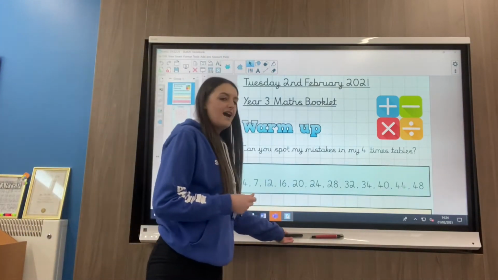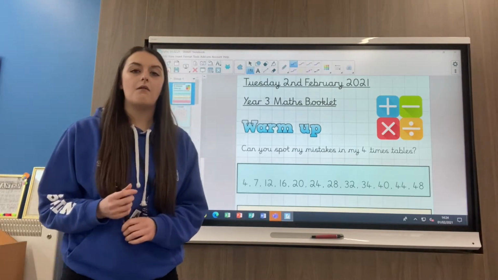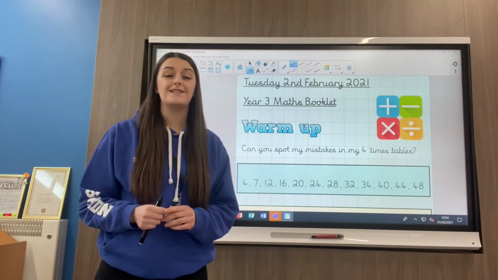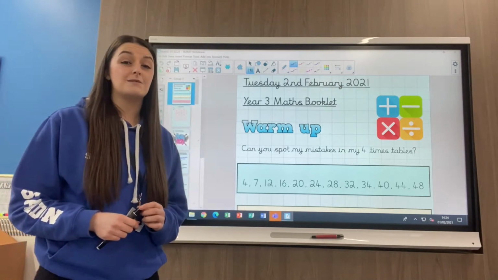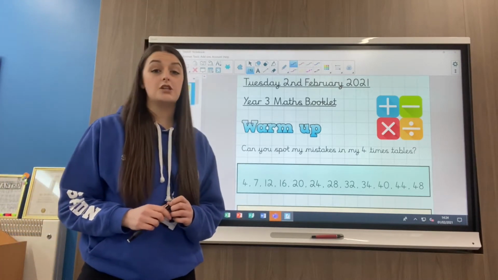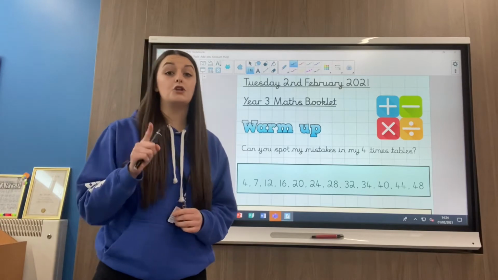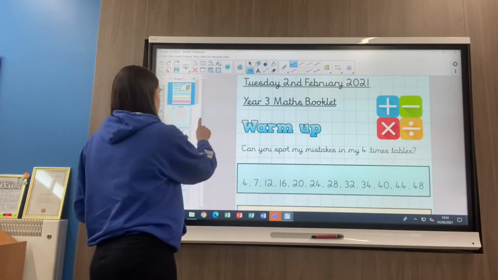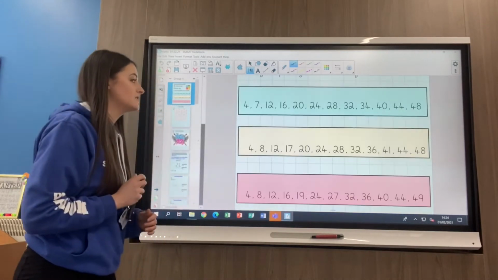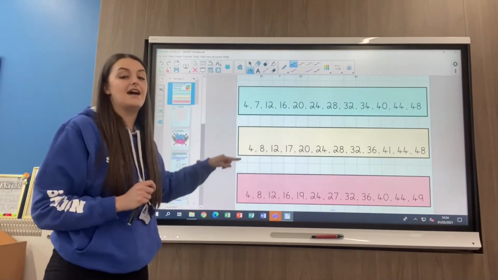So I've had a go this morning at writing out my 4 times tables. And I know I haven't got them right. I've made a few mistakes because I was rushing and I've not checked my work. But I thought you could become the teacher today and help me check my work. So I tried to write out my 4 times tables 3 times.